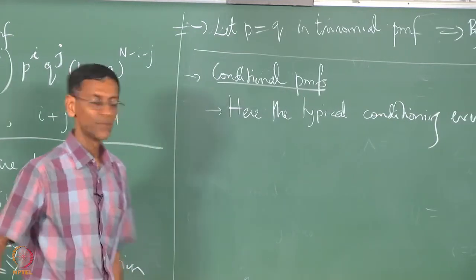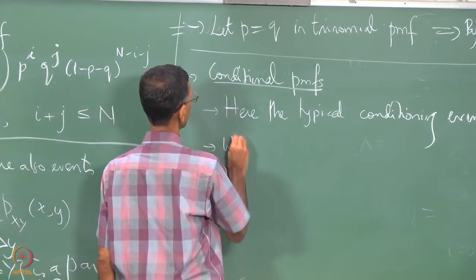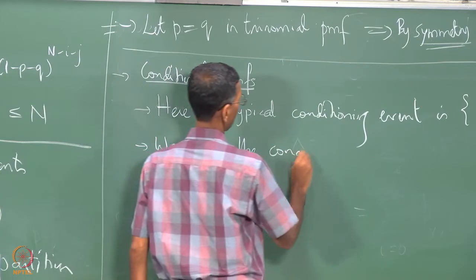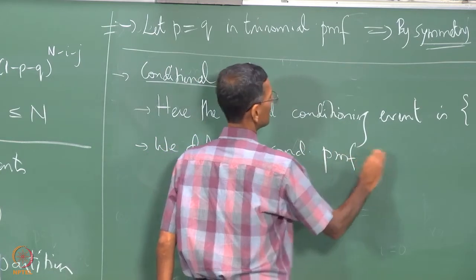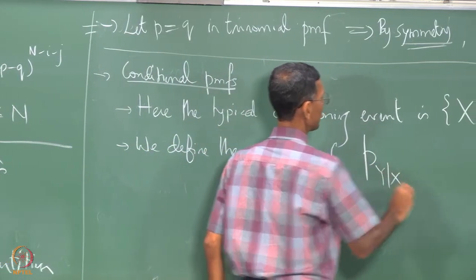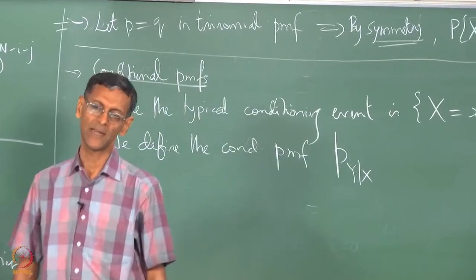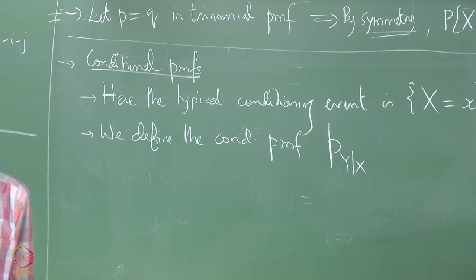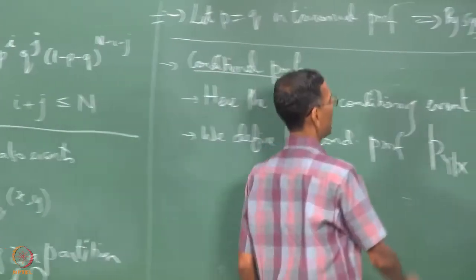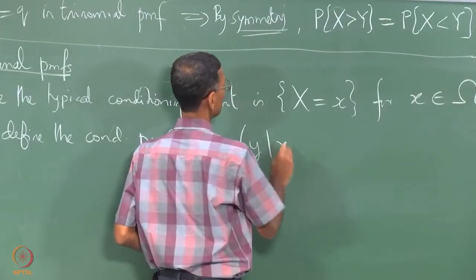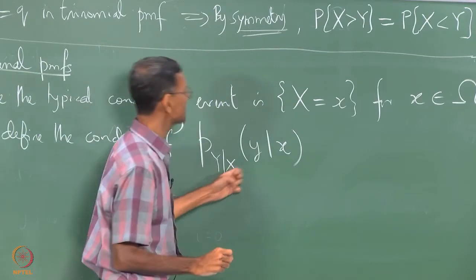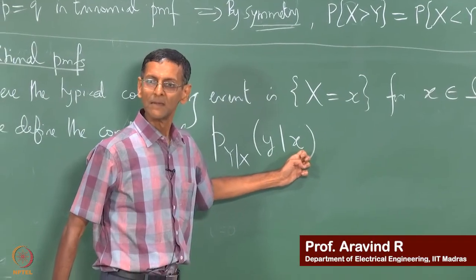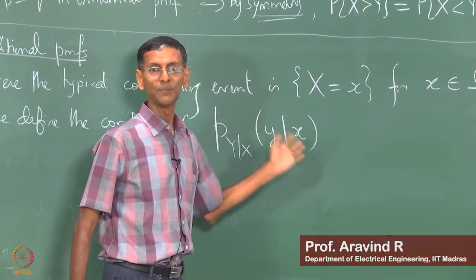So we define the conditional PMF, P of Y given X, this is the notation we are going to use, with Y vertical line X as a single subscript, and the argument y given x. So this X takes this value small x, and this is the argument of the PMF.